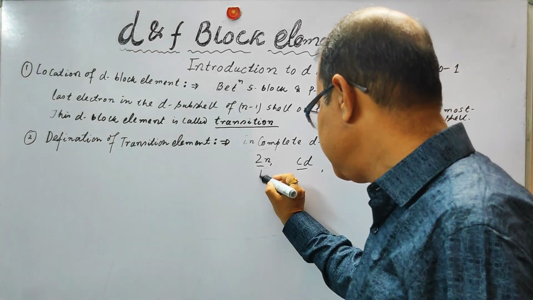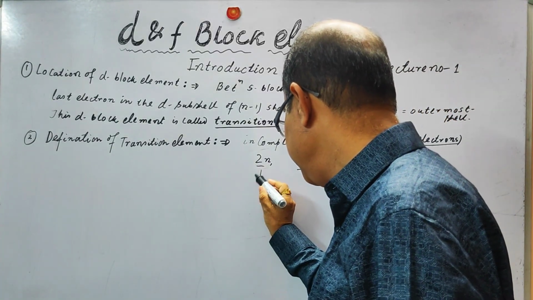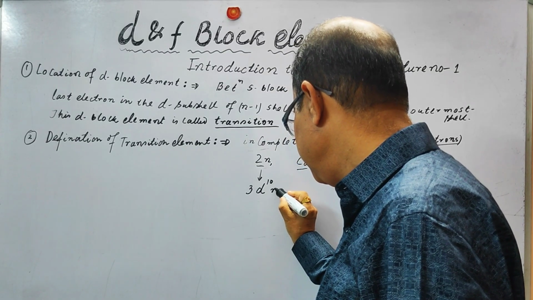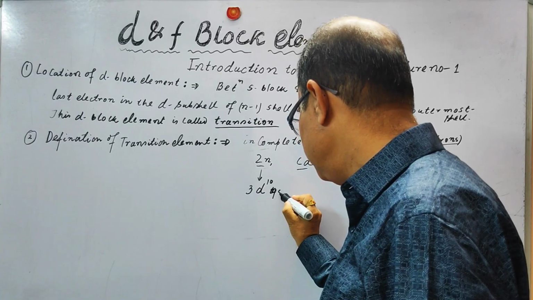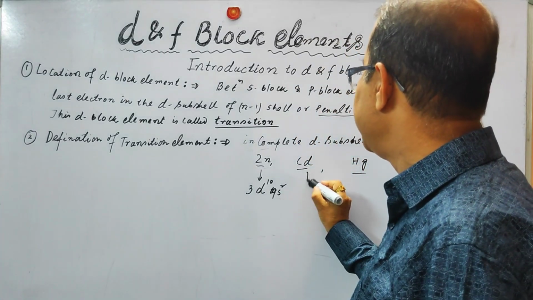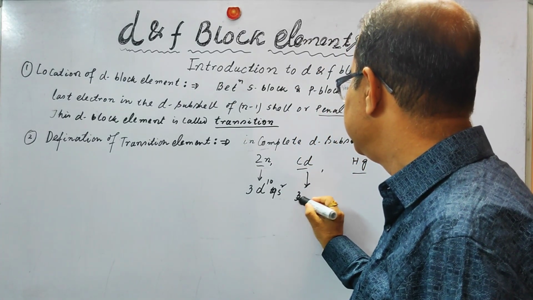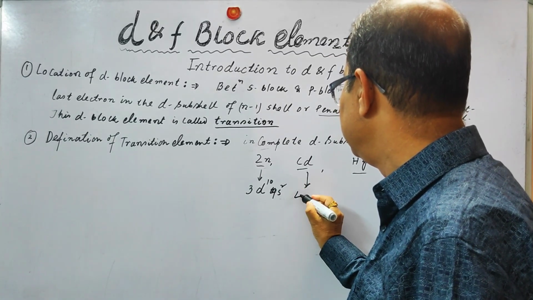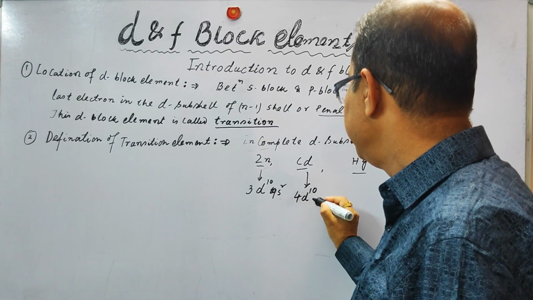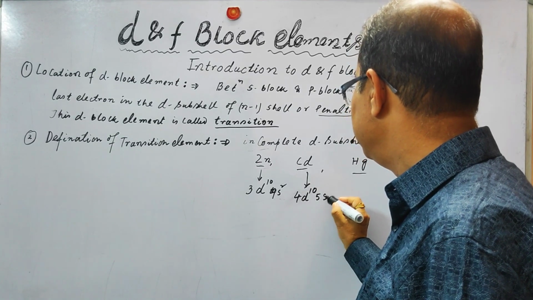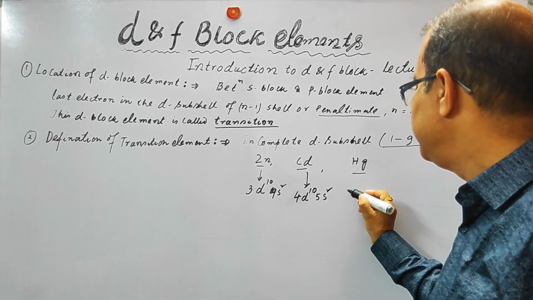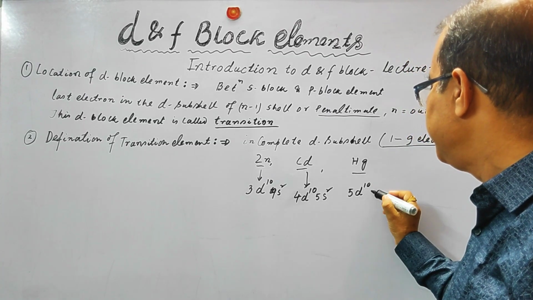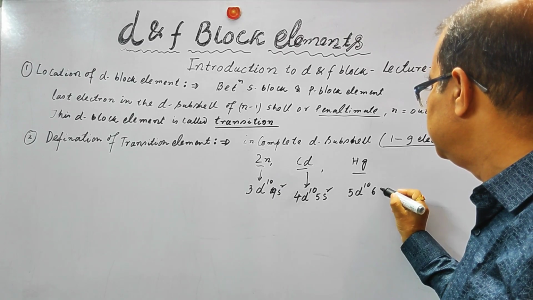Why? Because of their electronic configuration. In the case of zinc it is 3d10 4s2, whereas in cadmium it is 4d10 5s2, and in Hg it is 5d10 6s2.